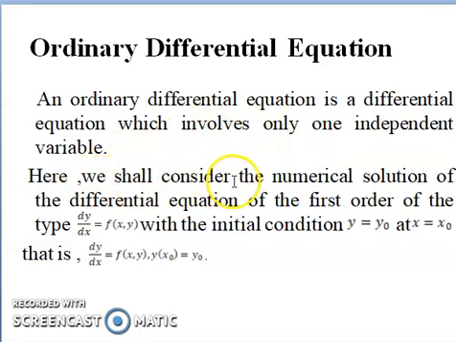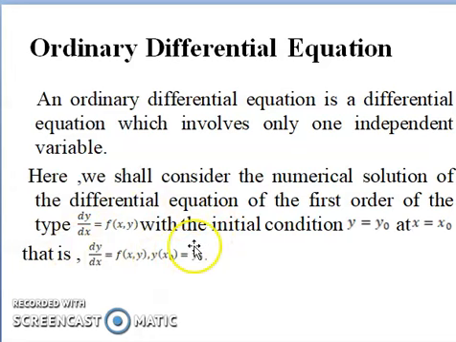Here we shall consider the numerical solution of the differential equation of the first order of the type dy by dx equal to f of x, y, with initial condition y equal to y0 at x equal to x0, that is, dy by dx equal to f of x, y, where y of x0 equal to y0.